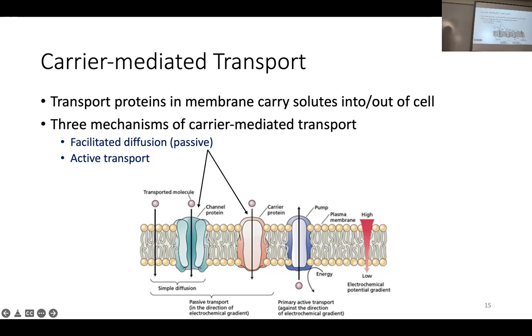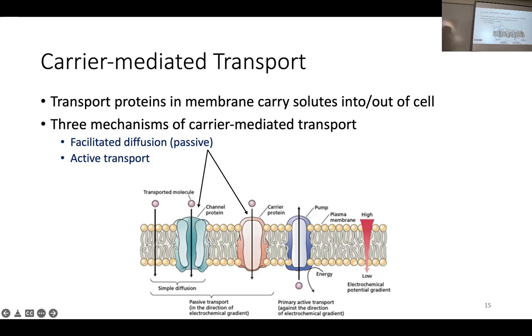No energy required. It just does it naturally. It just needs that little tunnel through the plasma membrane. I don't think I'm going to talk any more about facilitated diffusion. Just know that it involves a protein and it's passive.